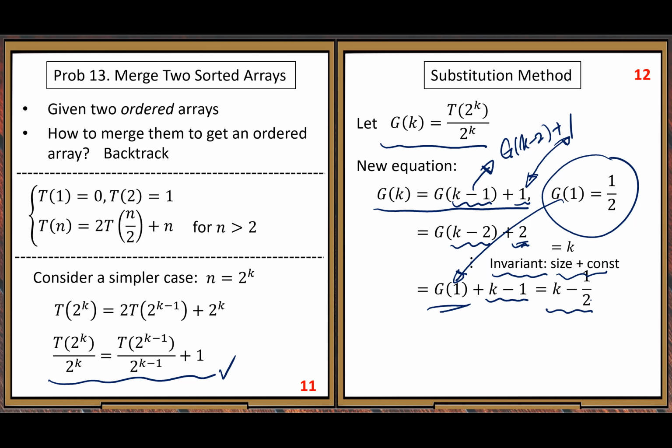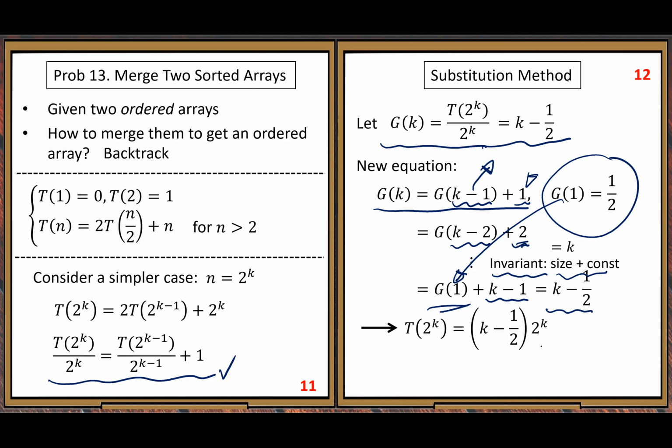So let's go back. We know it equals k minus 1/2, but we need to go back to t. T of 2 to the k equals big parenthesis k minus 1/2 times 2 to the k.